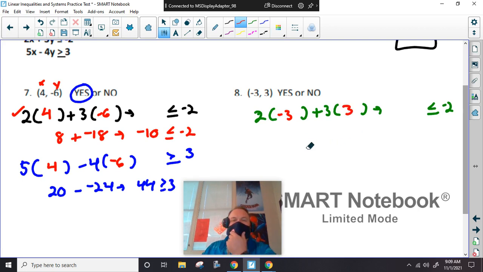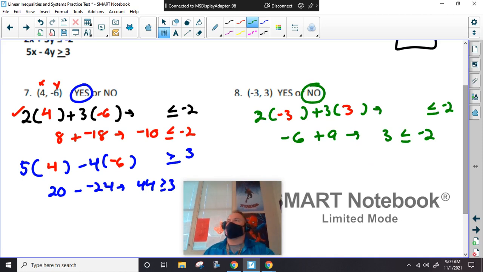If we plug this in, this gives us negative 6 plus 9, which becomes 3. Is 3 less than or equal to negative 2? No. So if it doesn't work for one, it doesn't work for all of them. Okay. And that's it. We're done.